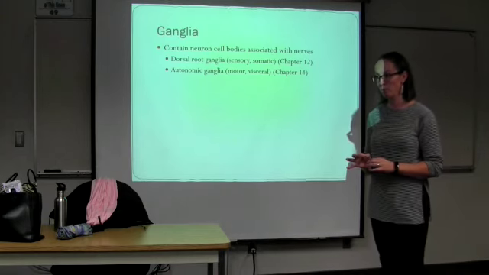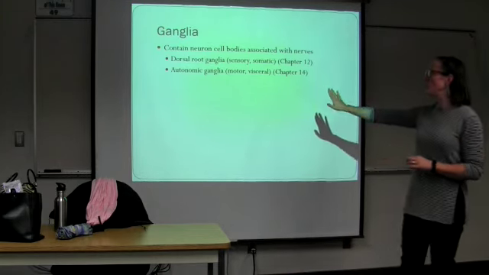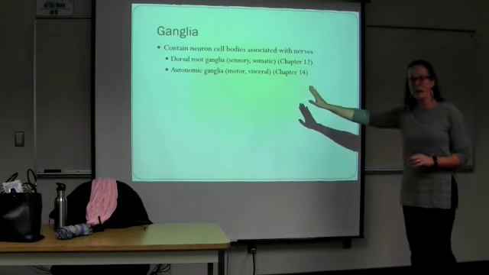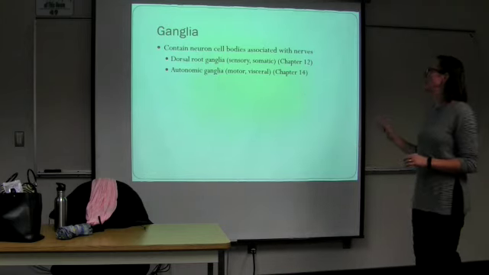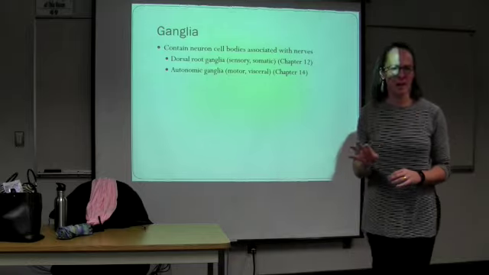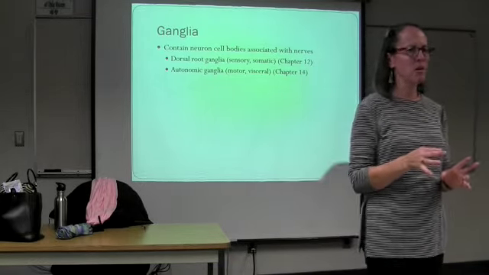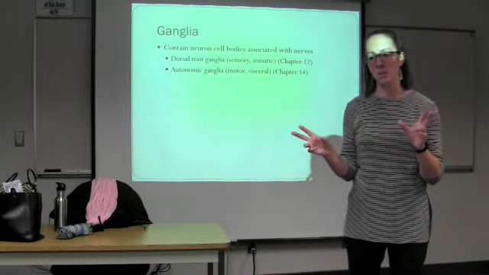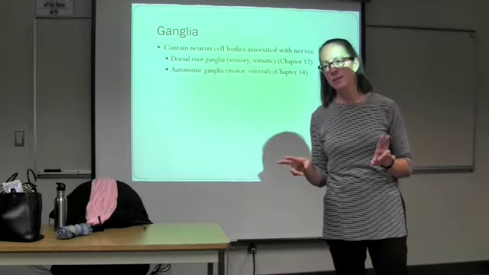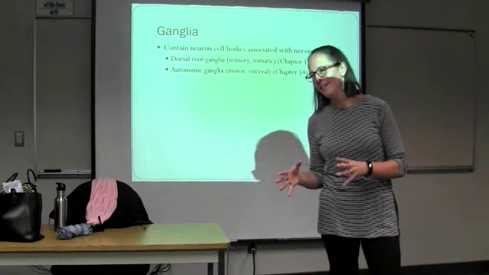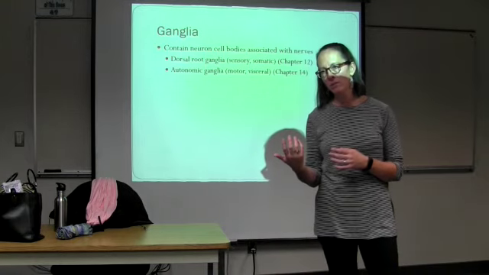Does that make sense? We are also going to look at autonomic ganglia, okay? So autonomic ganglia are going to be collections of cell bodies in the autonomic nervous system. We're going to look at sympathetic and parasympathetic. We'll look at them case by case. I just want you to understand that they'll be in different areas, okay?